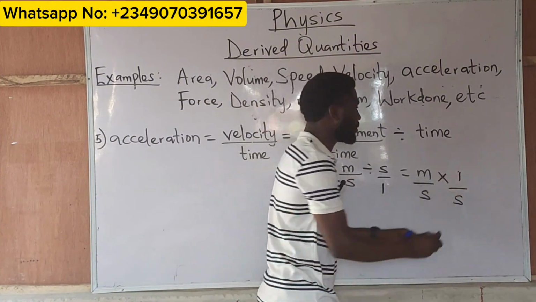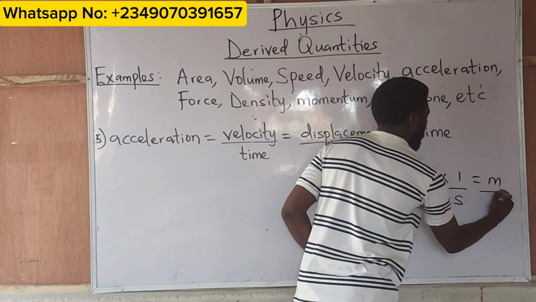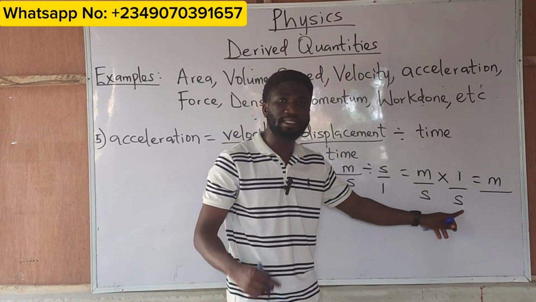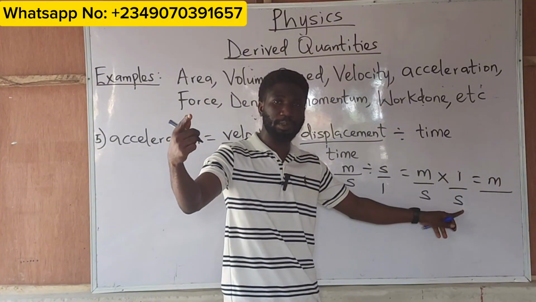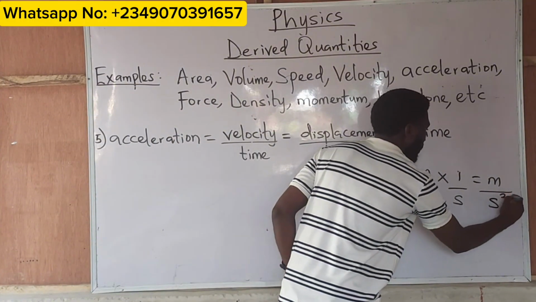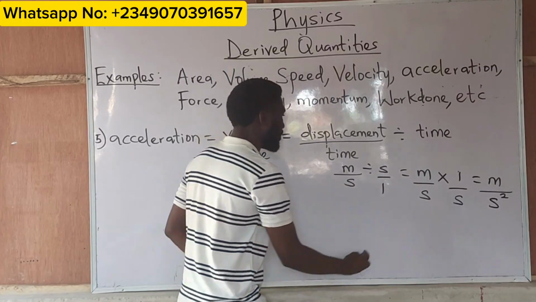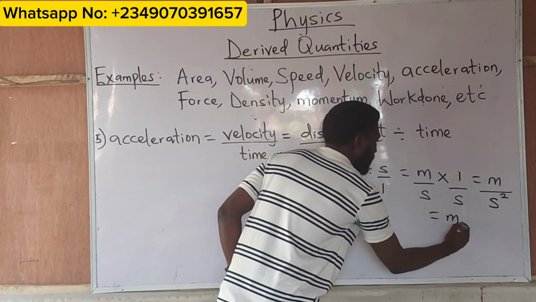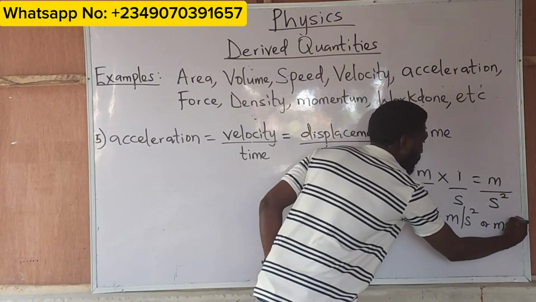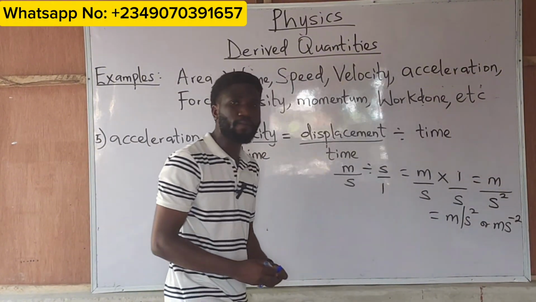Meter multiplied by 1 is meter. Second, s multiplied by s is s squared, from the law of indices. So the unit is meter per second squared, or ms raised to power minus 2.